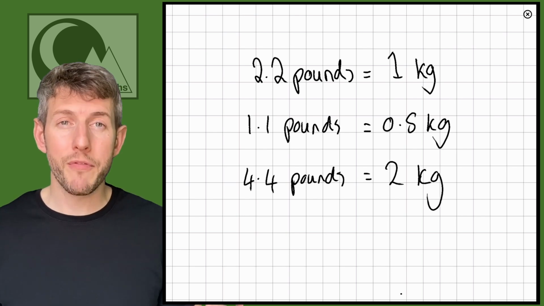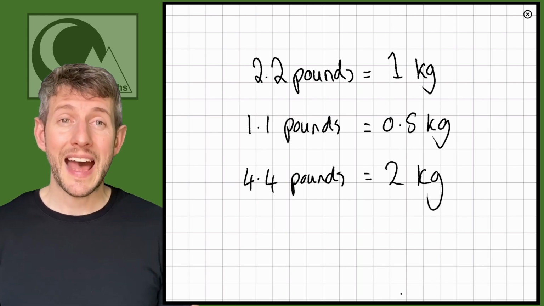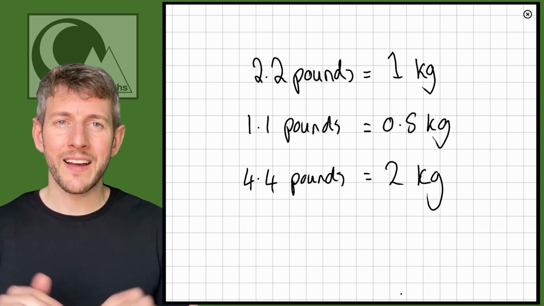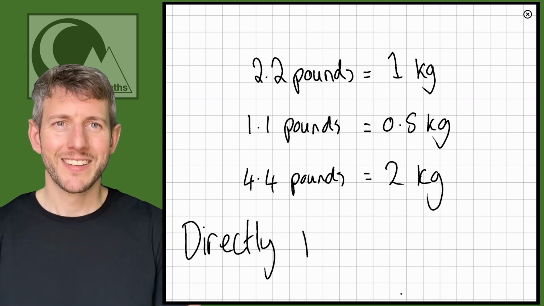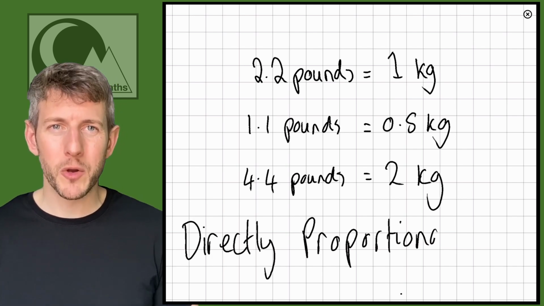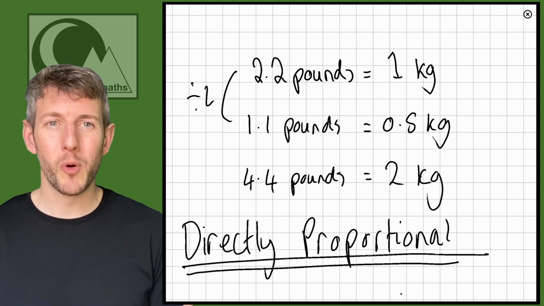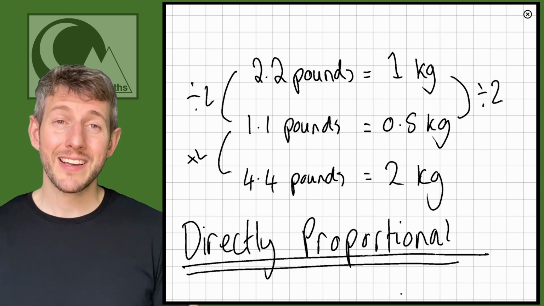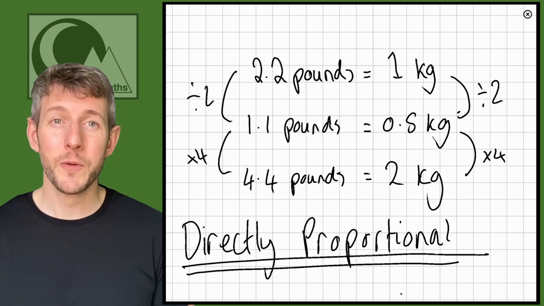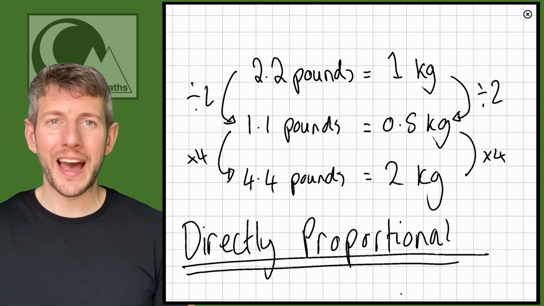If you double both of them, they both double, and they maintain that sense of similarity. So they are directly proportional, which means that we can do the same thing to both of them, which is great. Let's have a look at our first question.